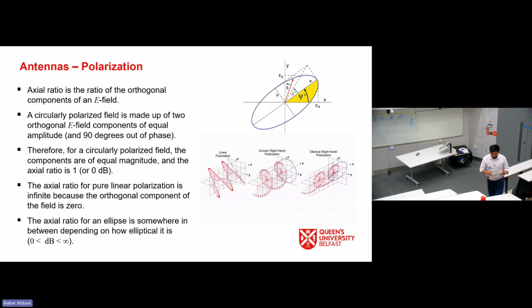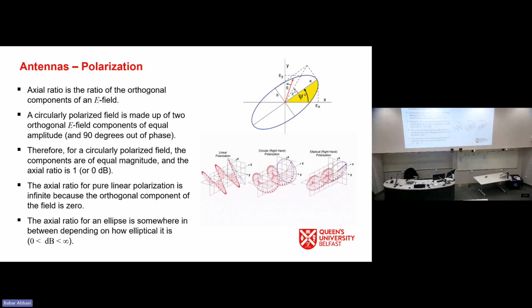A good approximation for us to understand how circularly polarized an antenna is is called axial ratio. So axial ratio is basically the ratio of two components of the electric field.